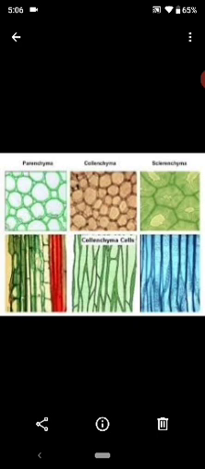It is found in the hypodermis of the stem. The chloroplasts are less in number and these cells have no intercellular space, whereas intercellular space is very much present in parenchyma tissue.